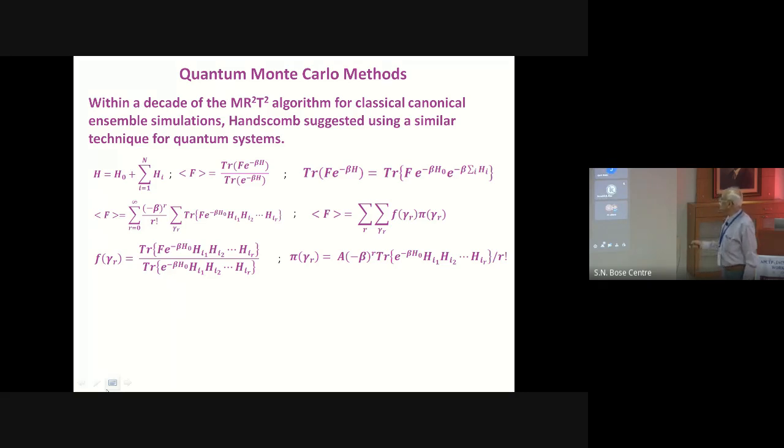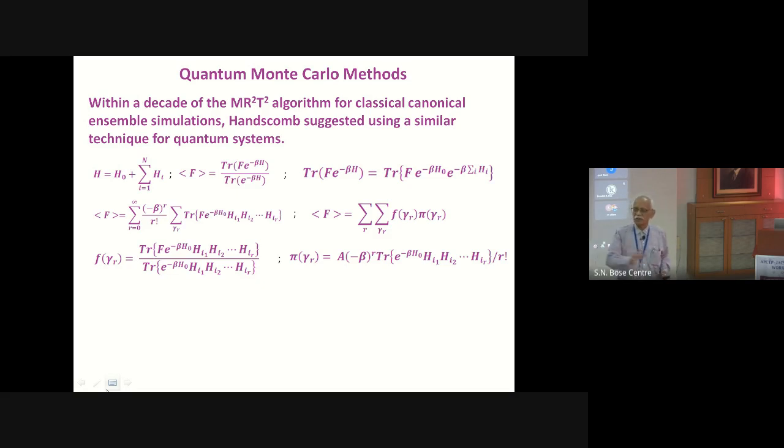Okay. So this you have to do, and you have to keep sampling. So now what you have got is a large number of these terms, okay? Because every R term has R factorial terms, and you have an infinite number of these terms, like corresponding to H, the term of power 1, term of power 2, and then term of power R, and so forth. And you have to sample these. So which means either you have to add another operator to the string or remove an operator from the string.